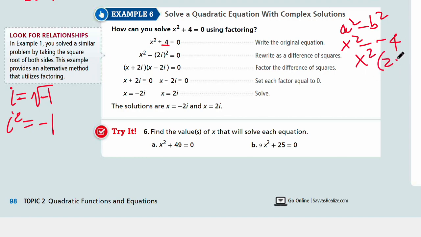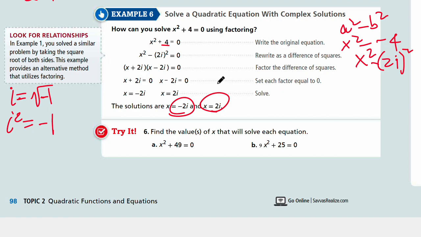So we're going to have 2i squared instead. So then that's equal to 0. You'll be able to factor by using the difference of squares and solve for x, which is plus or minus 2i.